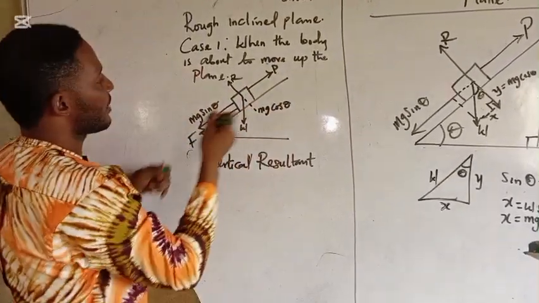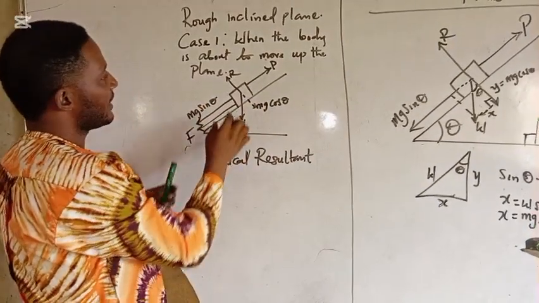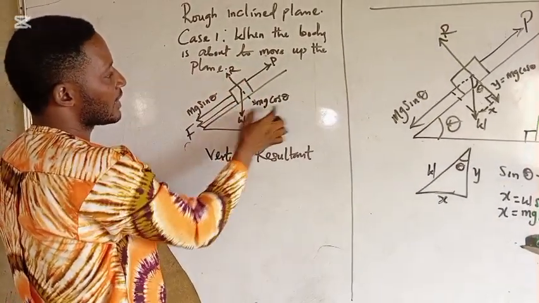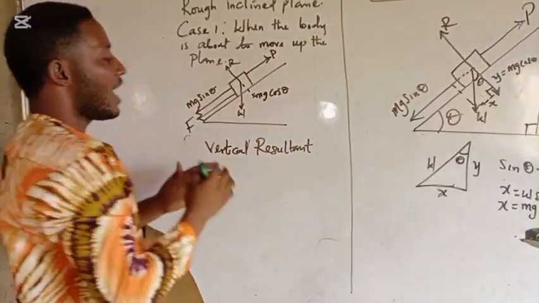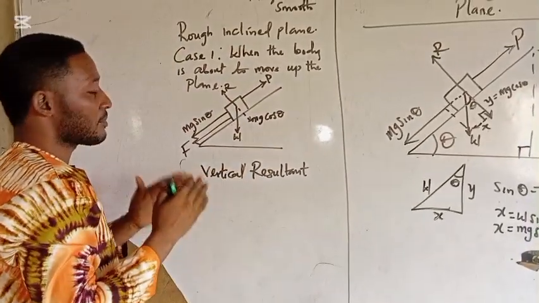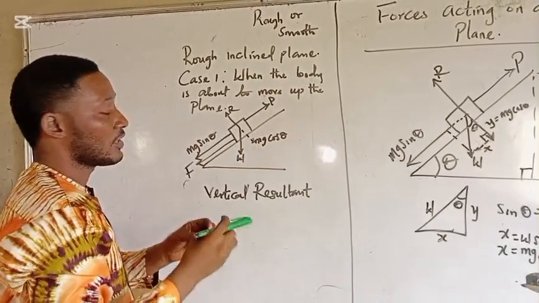Now, if you look at this plane very well, you notice that the two forces that are acting vertically in this plane are the normal reaction and the what? And the mg cos theta. Now, based on the principle of equilibrium, the net force at equilibrium is always equal to 0.